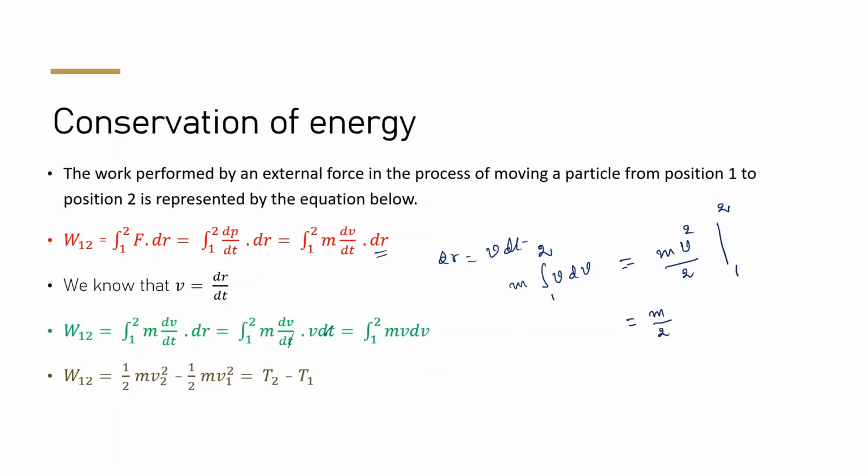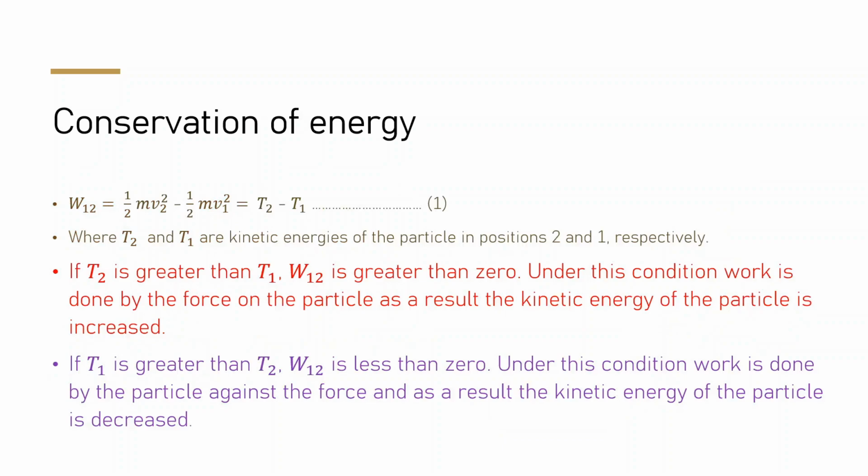Take this m by 2 outside. v2 square minus v1 square. This is equal to 1 by 2 m v2 square minus 1 by 2 m v1 square. This is the kinetic energy of the particle at position 2. This is the kinetic energy of the particle at position 1. This is equal to T2 minus T1. So work done W12 equal to T2 minus T1.